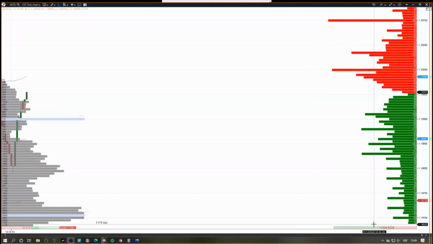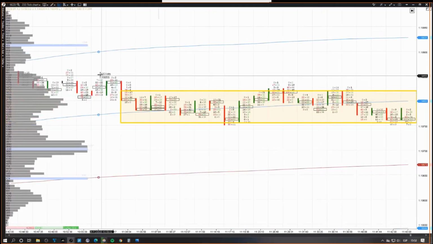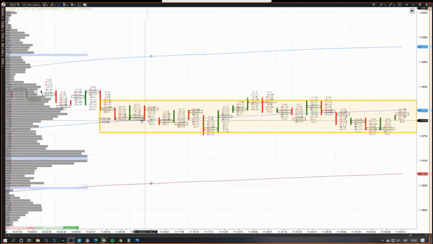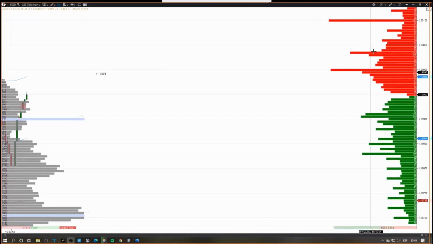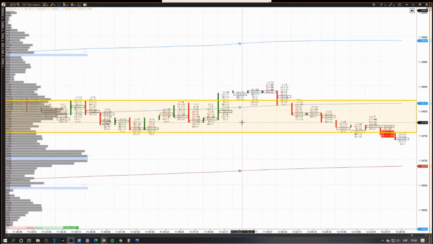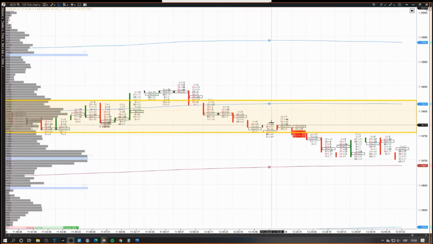We can see how exactly this rotation was formed, what was traded at what price, and how many contracts on each side. We can see who was losing money here and who made the movement possible, because we can see the sellers, the buyers, how many buyers, how many sellers. Everything is here.